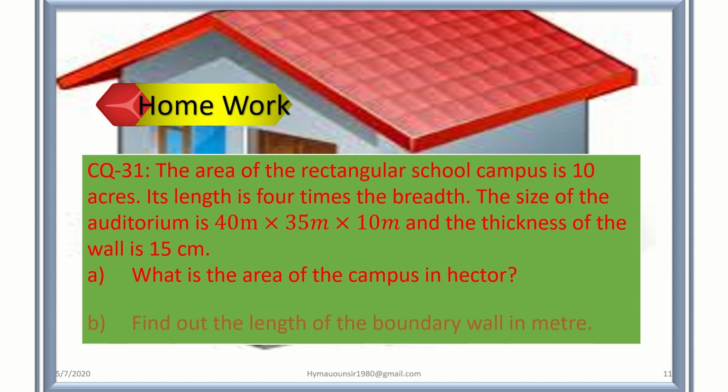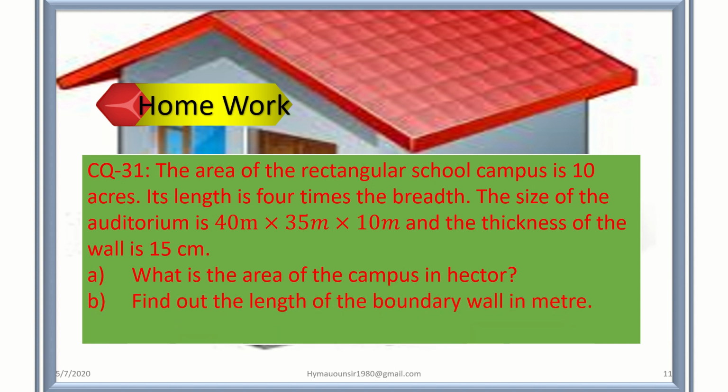Clear? And B number, find out the length of the boundary wall in meter. This is also part of the first part. Boundary wall means you have to find the perimeter of the rectangular school campus. Remember this, not the length of the rectangular school campus.